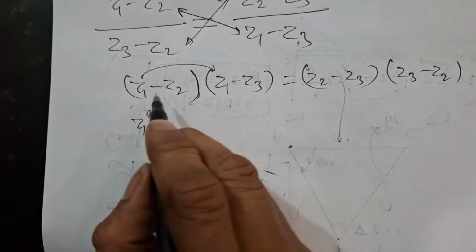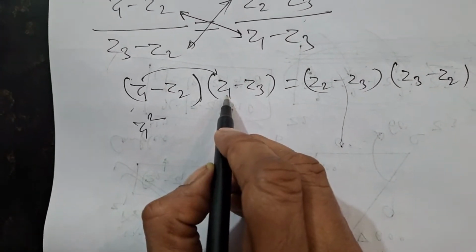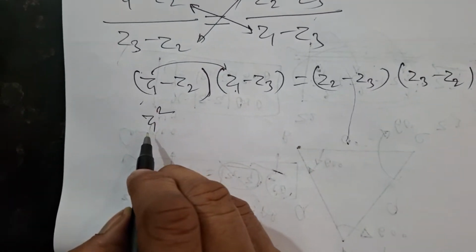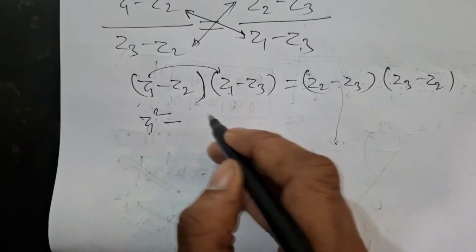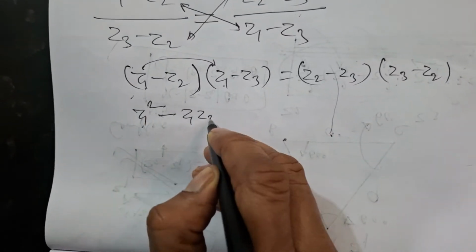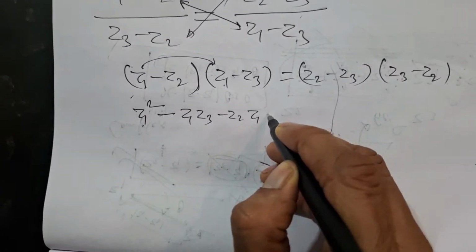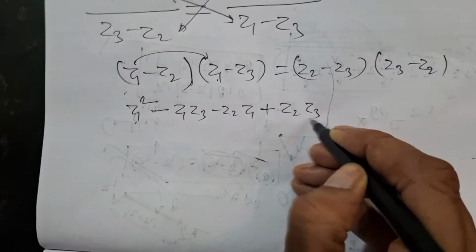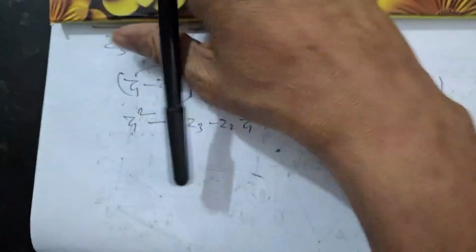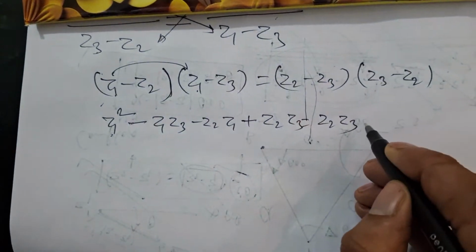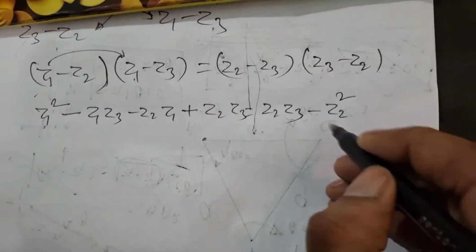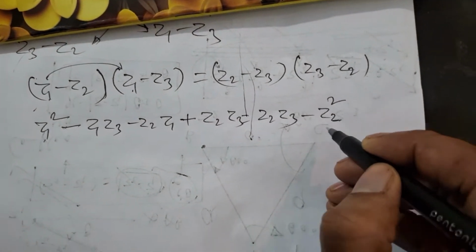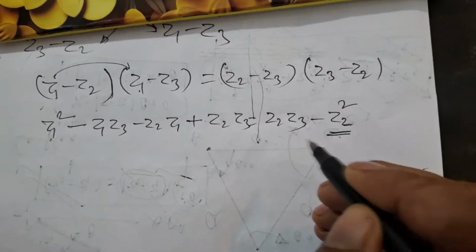Z1 square, see, Z1 into Z1, please, this is not mod Z, this is complex number. Now Z1 Z3, Z2 Z1, plus Z2 Z3 equals Z2 Z3, one minute dear, Z2 Z3 minus Z2 square. This is still complex number, not magnitude, not modulus.